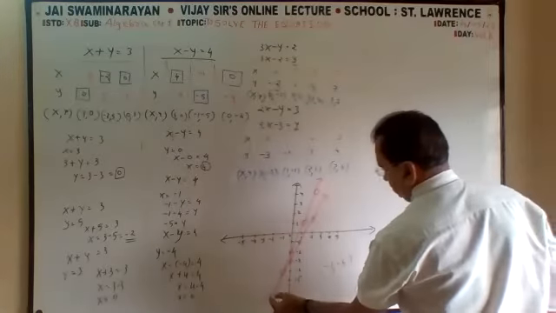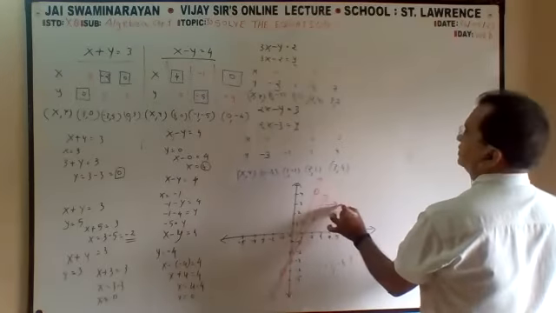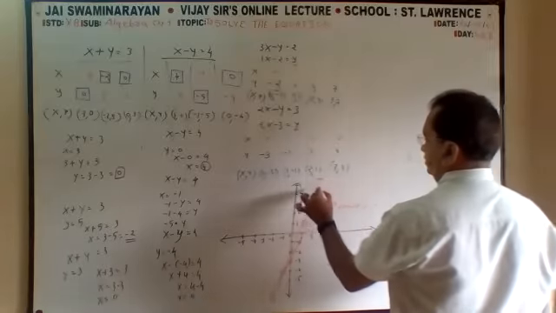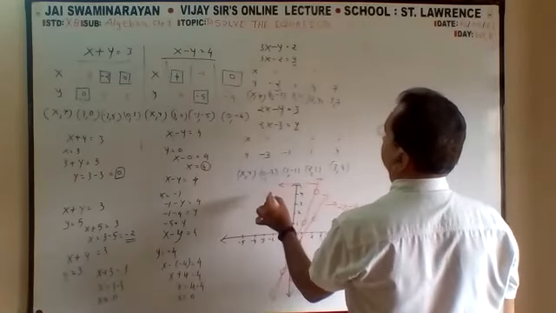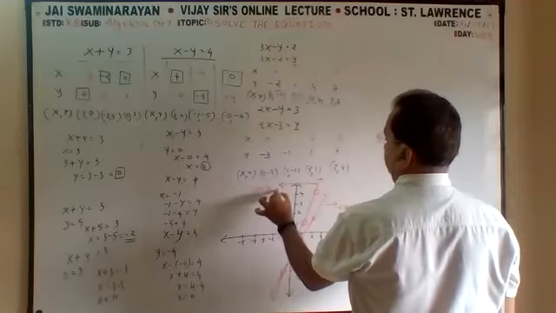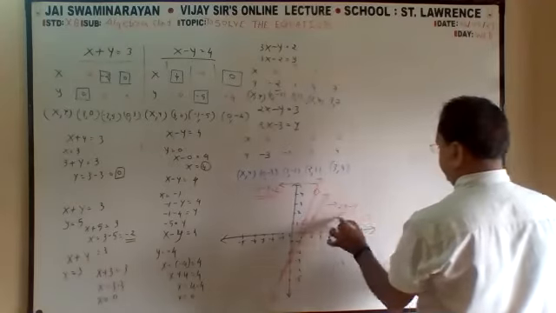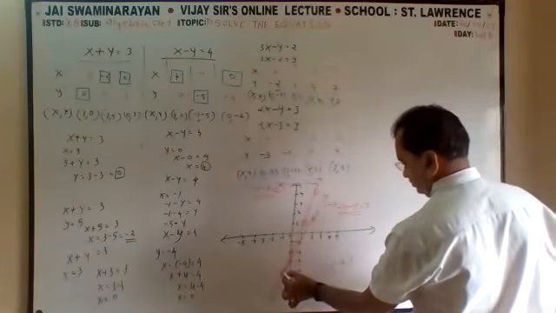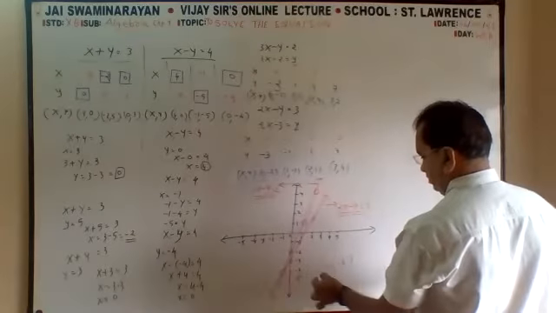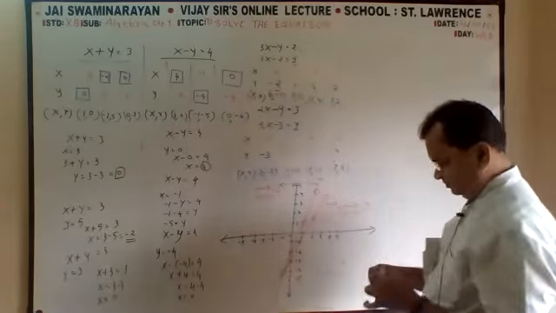Two lines. So what is the equation of each line? This is the second one: 2x minus y is equal to 3. This is the first line: 3x minus y is equal to 2. Correct? So -1, -4 is the solution.